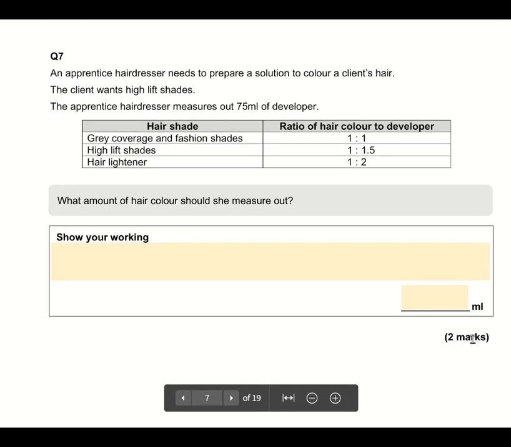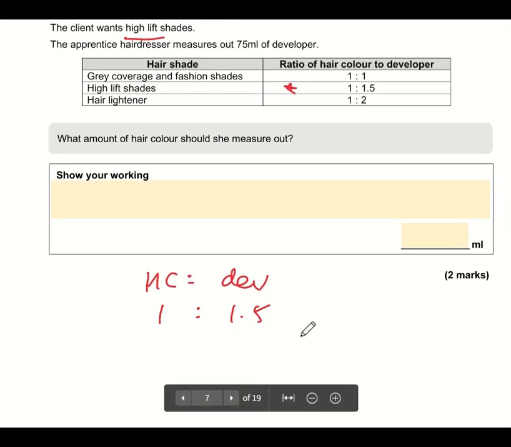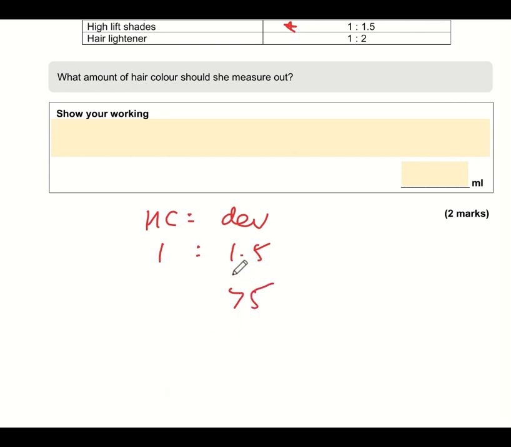Okay, moving on to question number 7. So here we know that the ratio of hair colour to developer, since she wants high lift shade, is this ratio here, 1 to 1.5. And she's got 75 millilitres of developer. Now if it was 3, that's double 1.5, so we would double the 1 to get 2.